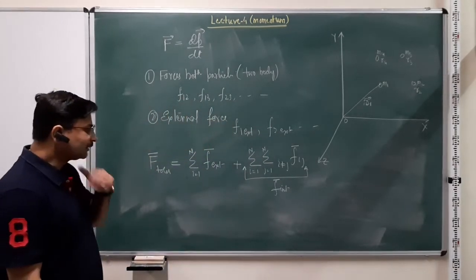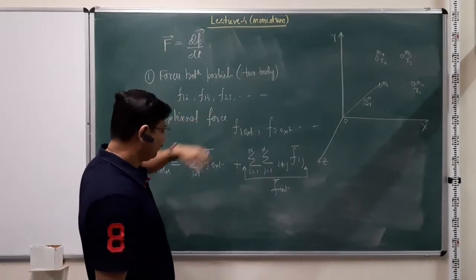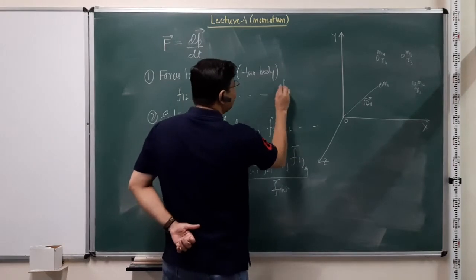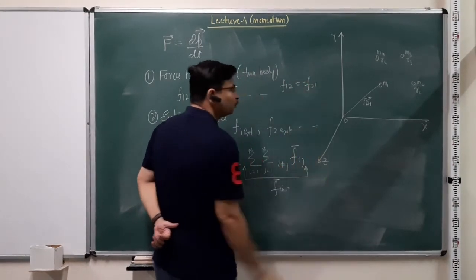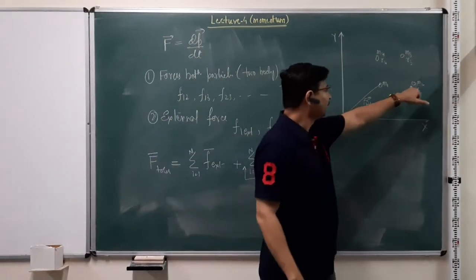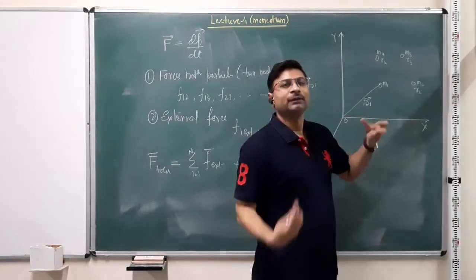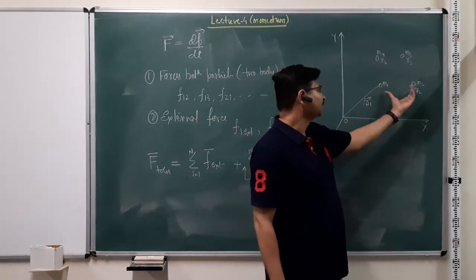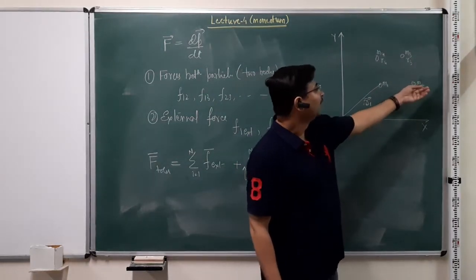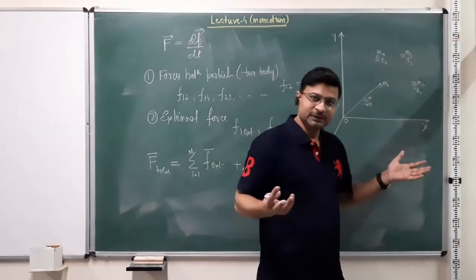And now what we can say is, if it is a two-body force, then we know that F12 is simply equal to minus F21. If M1 pulls in M2, M2 will pull in M1, gravitational force. If the electromagnetic force, and let's say these are the same charges, then M1 repels M2, and then M2 repels M1 with the same strength, right?